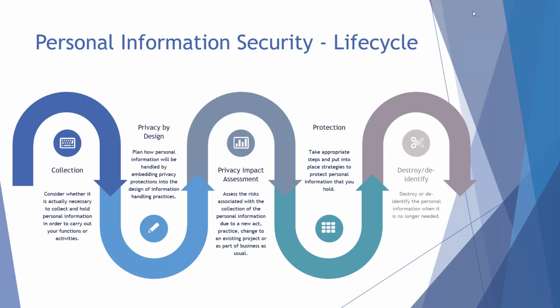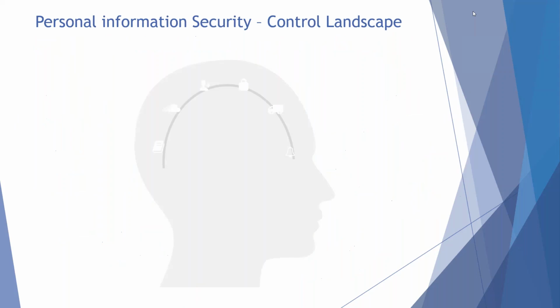Also, along the end of the journey of the personal information, you need to have processes to identify, destroy or de-identify the personal information that's been entrusted to you. So you should understand the reason and the business case for the personal information, how long you need it, and what the process is to de-identify it.